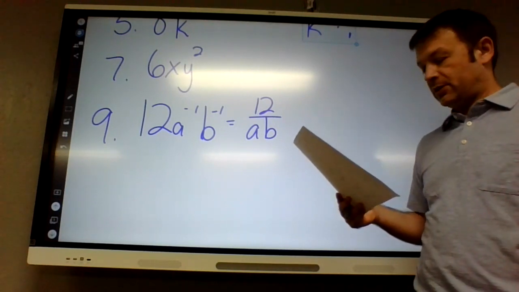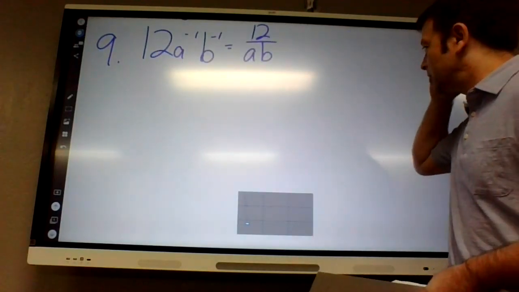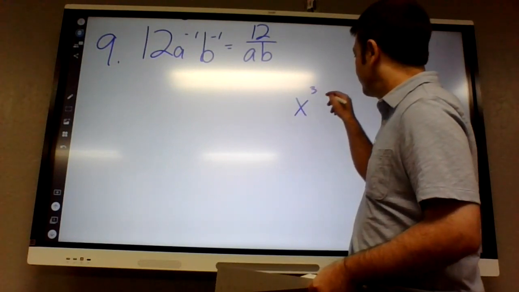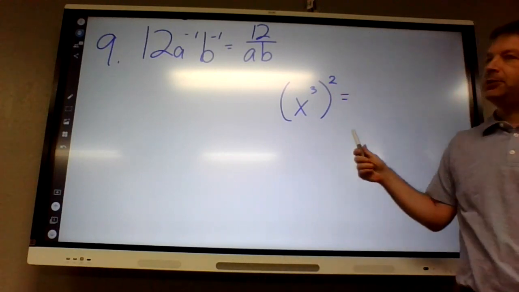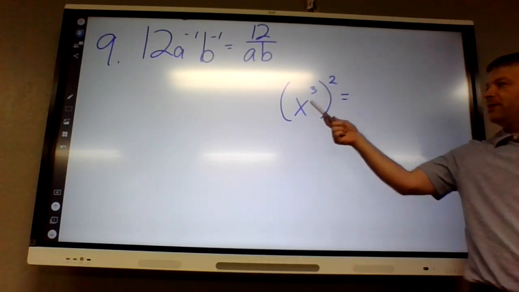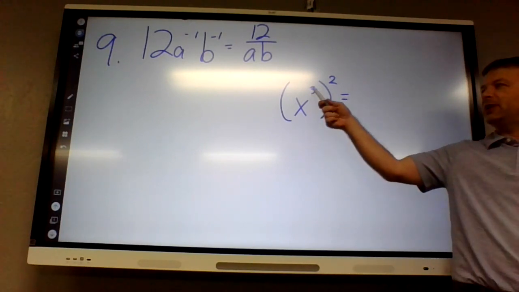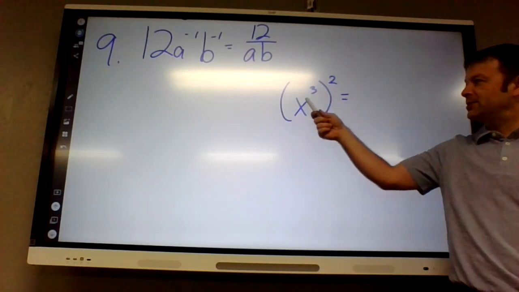Darn it, I kind of forgot number 11, those problems, so let me back up and cover it real quick. Okay, I didn't do the parentheses ones. If you have x cubed squared, what does that mean? Do the cube first. Well, can I do anything with x cubed? No. This literally means this times itself, right?